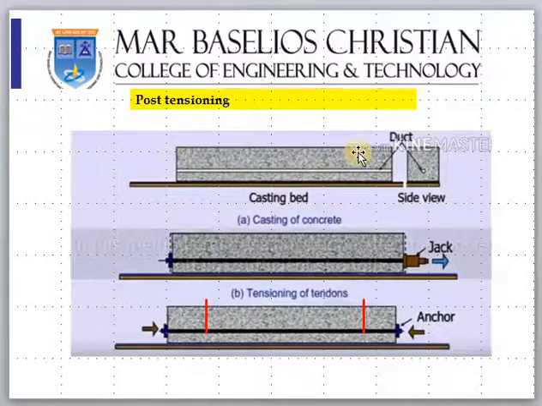Okay, and the concrete is cast now here. Once the concrete is cast, after some days we will tension the steel, because the steel is inside the tube, called a duct, so we can easily tension it using the jack. Then we tighten it here.